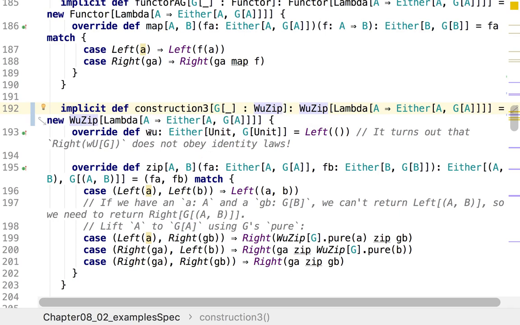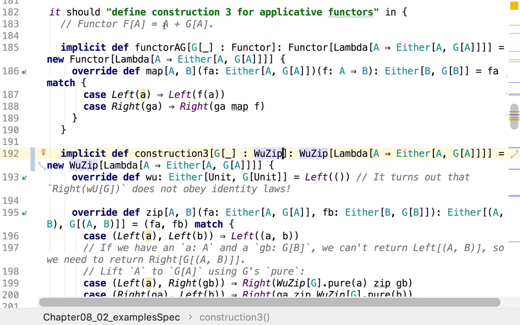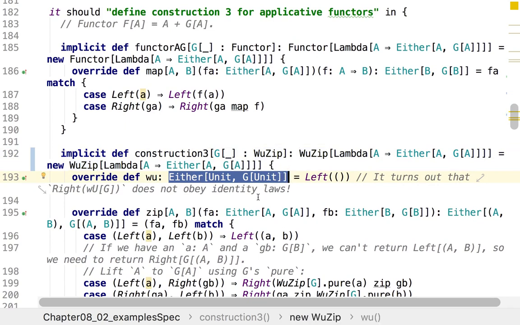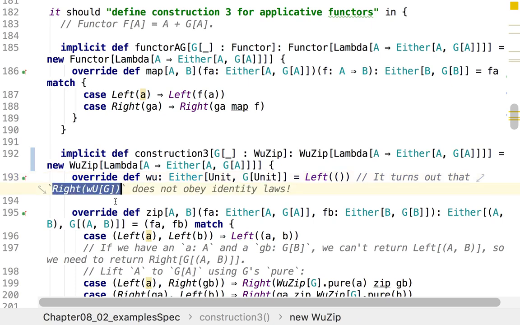How do I define the wrapped unit and the zip? So that's actually an interesting question, because wrapped unit is required to be a value of type F of unit, which is either unit or G of unit. So we have two possibilities to implement this method. We could have the left of unit, which is this, or we could have the right of G of unit, which is a wrapped unit of G, which is this.